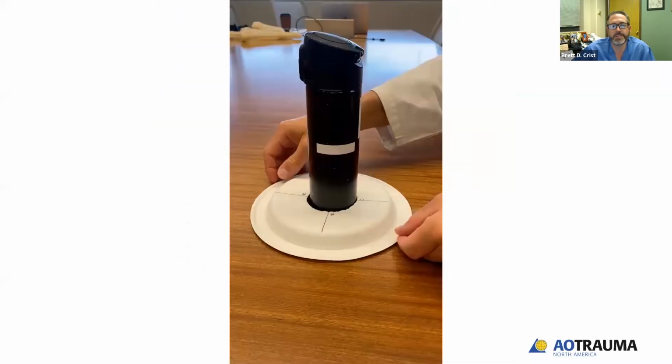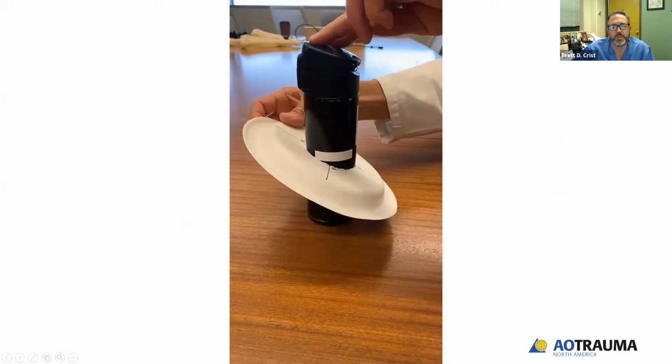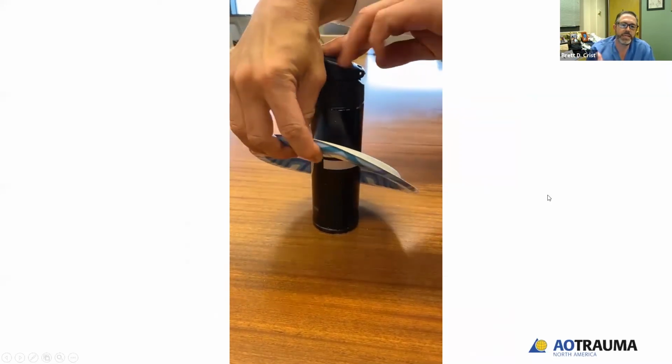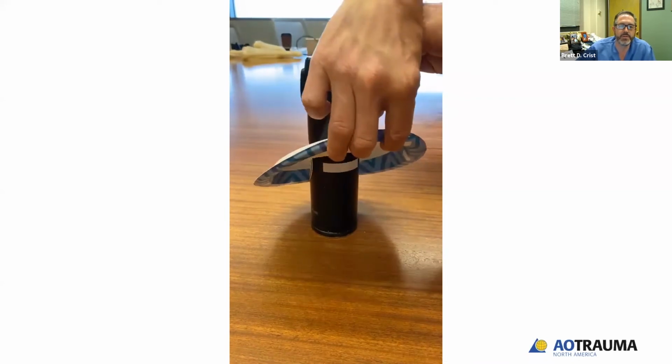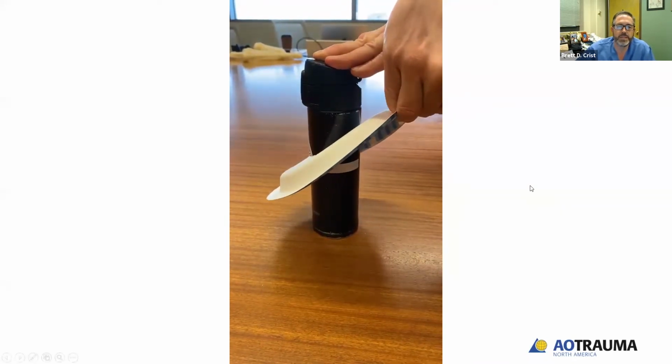So maybe I'm just not that great at math, but it takes a lot of thought and careful planning. So this is the example of what happens when you do it as far as if you do ascending or descending, and what happens to the rotation if you do it correctly or incorrectly using a simple coffee mug and a paper plate.